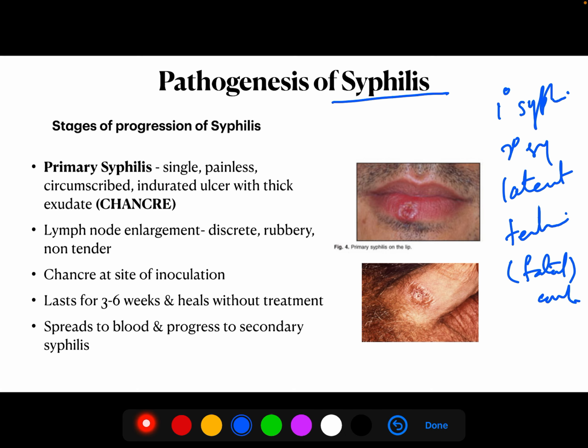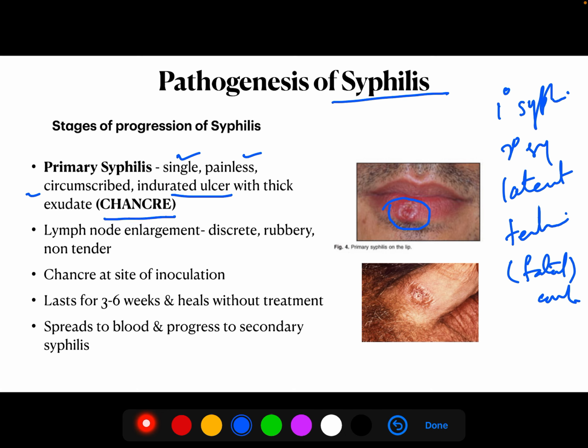Now have a look at primary syphilis. Primary syphilis is the first stage, which is characterized by a single, painless, circumscribed, indurated ulcer with thick exudate. These ulcers are known as chancre. Please remember this word, chancre.